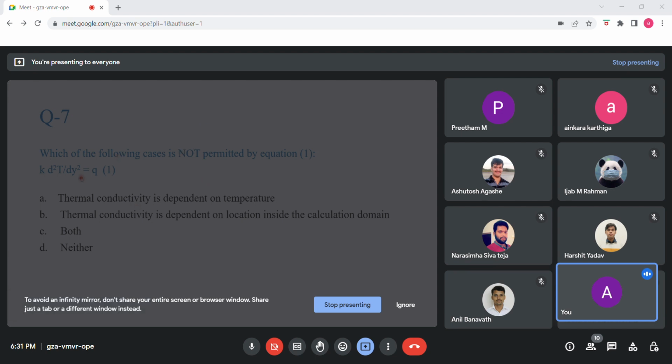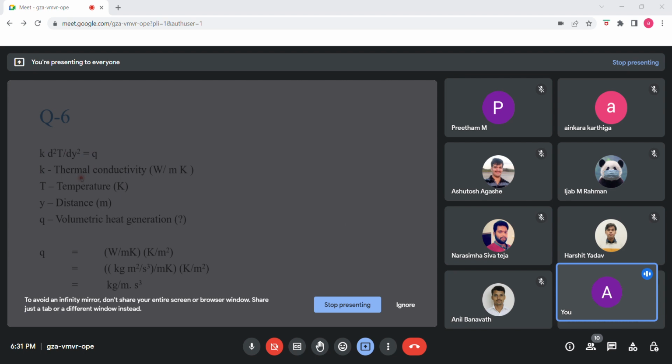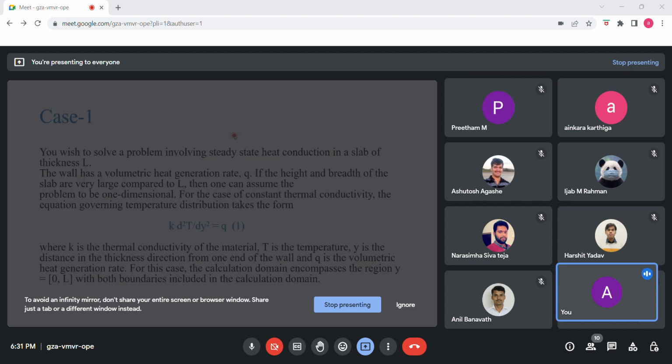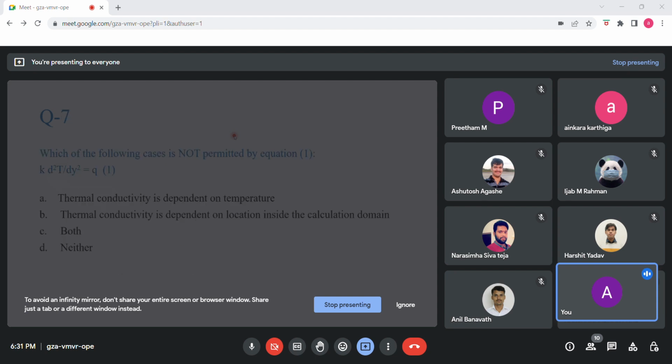In this equation, K is the thermal conductivity, and this is a one-dimensional problem. So we will see which of the cases is not permitted. Thermal conductivity is dependent on temperature. This is not true in this system. Thermal conductivity is not dependent on temperature. Is thermal conductivity dependent on location inside the calculation domain? No, it is not.